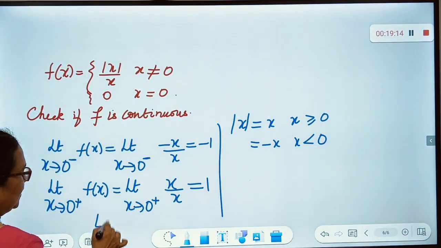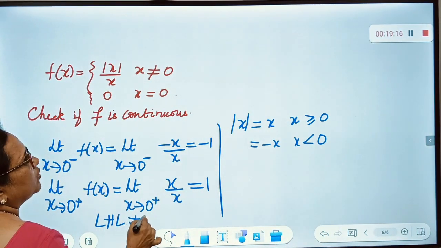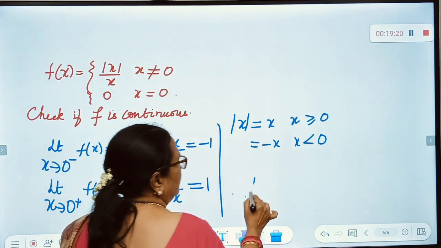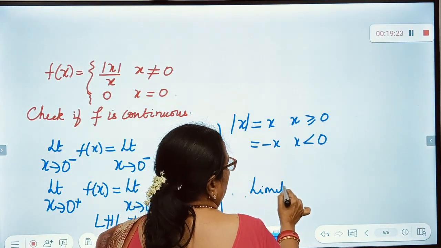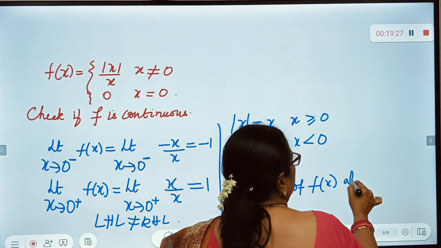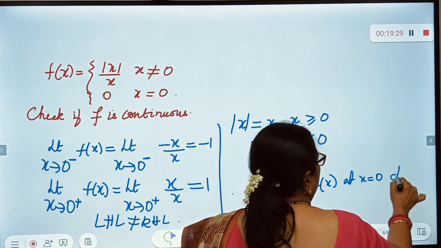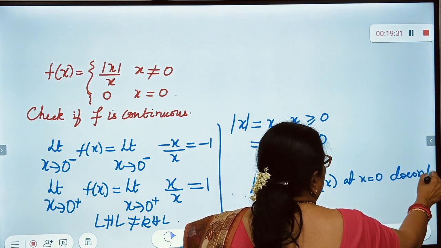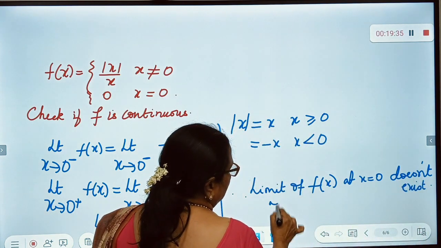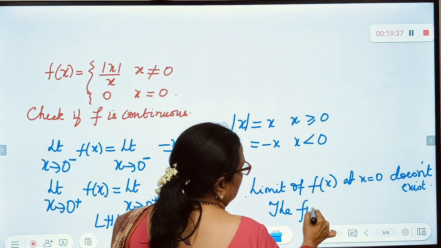So left hand limit is not equal to right hand limit. Therefore, limit of f of x at x equal to 0 does not exist. The function is discontinuous.